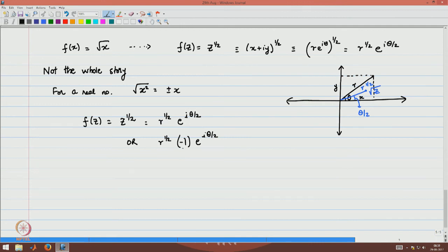So let us write, now we note that minus 1 is equal to e to the I pi. Okay.